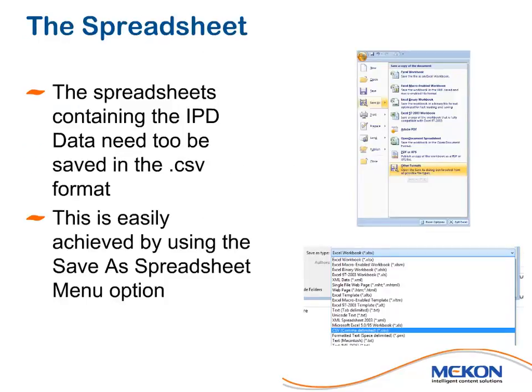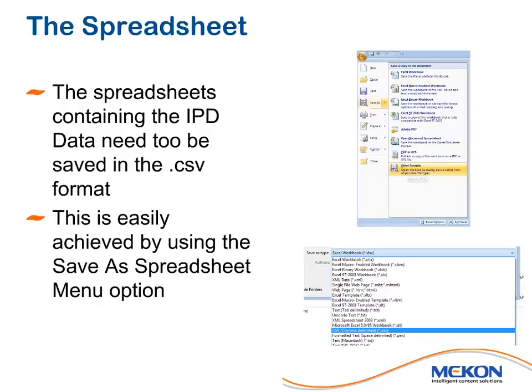The spreadsheet that you've got needs to be saved in the .csv format. It gives you a much more generic spreadsheet layout. And for most spreadsheet programs, like for example Excel, you just do the save as function.